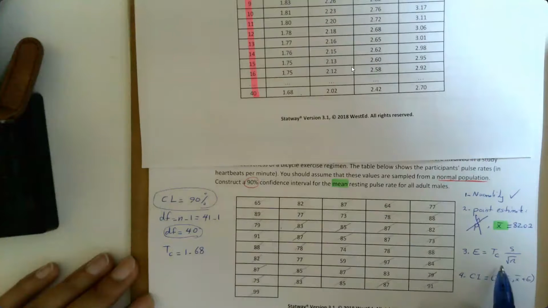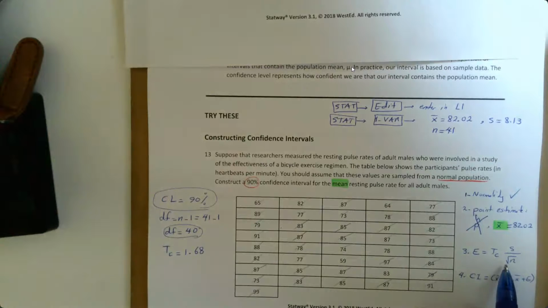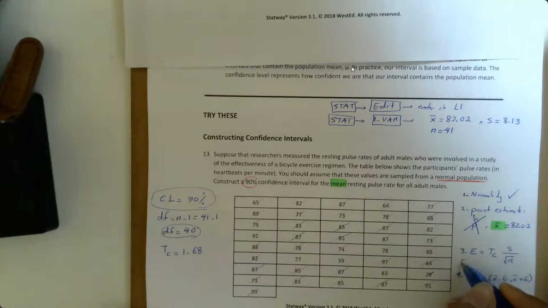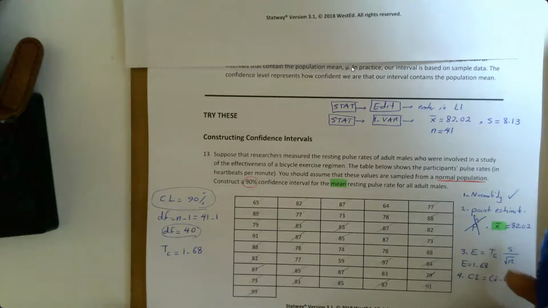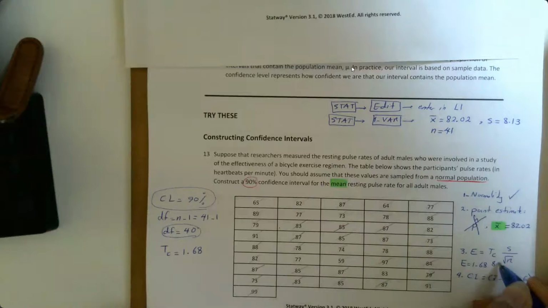Now I can calculate the margin of error. Margin of error is 1.68 times s divided by square root of n. Let's take a look at that calculation. 1.68, my s is equal to 8.13, divided by square root of 41.